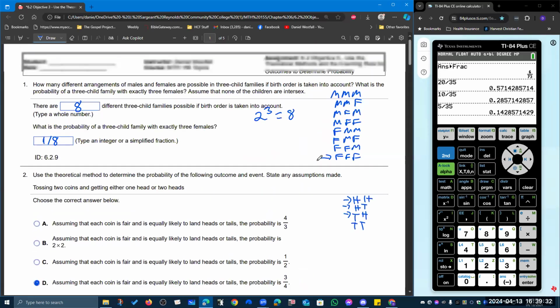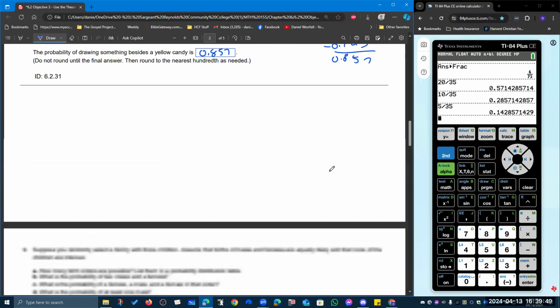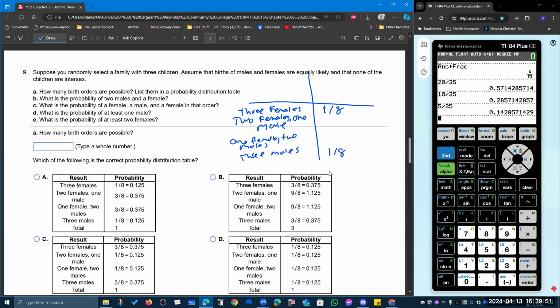So 2 males and a female, 1, 2, 3, and then 2 females and a male, 1, 2, 3. So they're both 3 out of 8. And that is this first one right here. They all add together to be 100%.